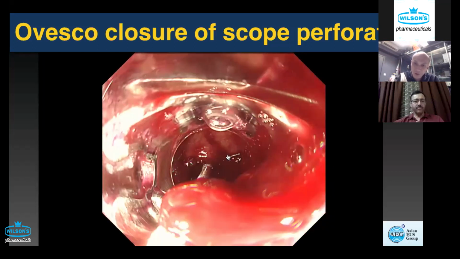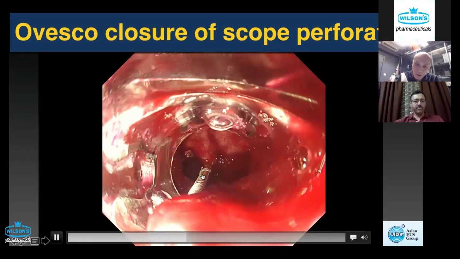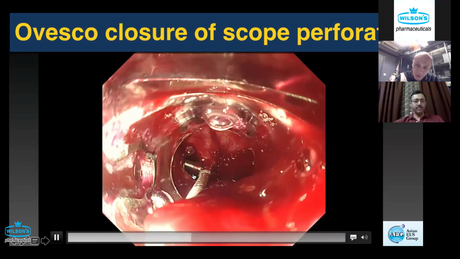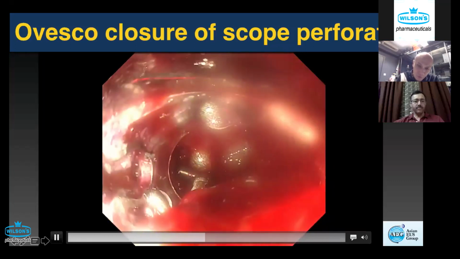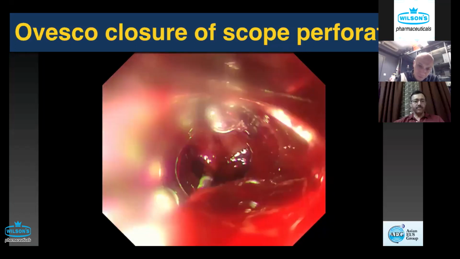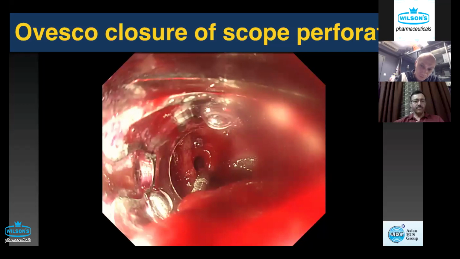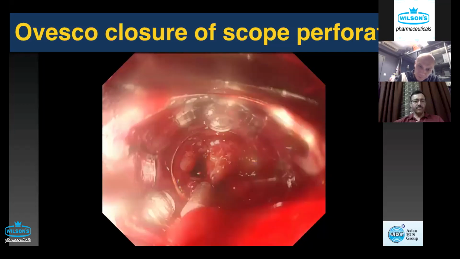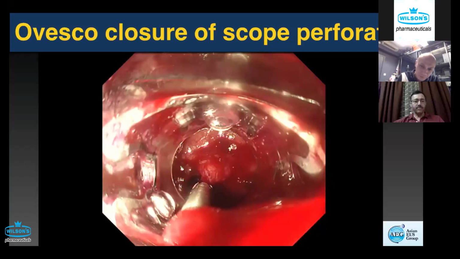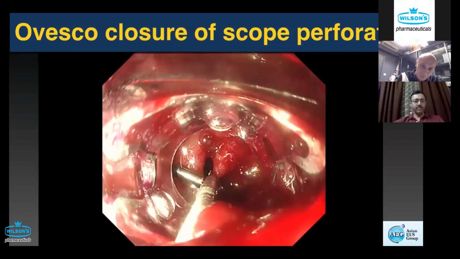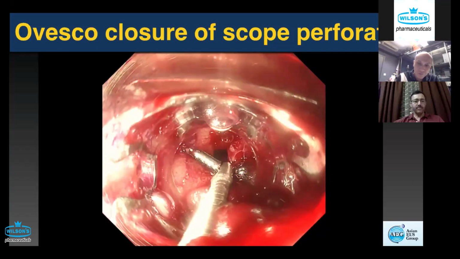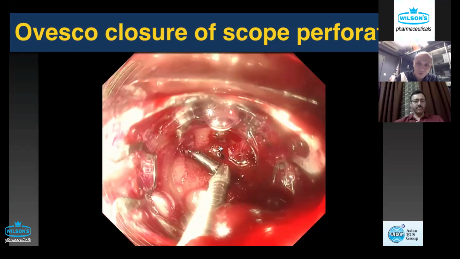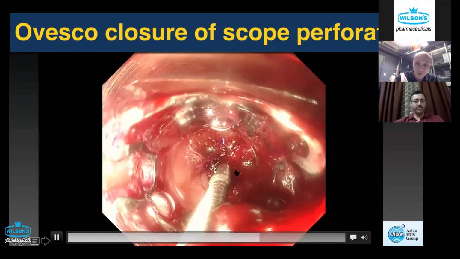Here we're using a biclip. It has 2 arms, which allows clipping of the 2 edges of the mucosa. And then slowly, we try to approximate the 2 edges.